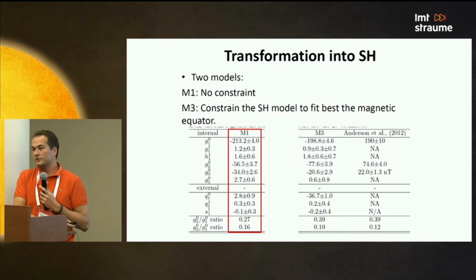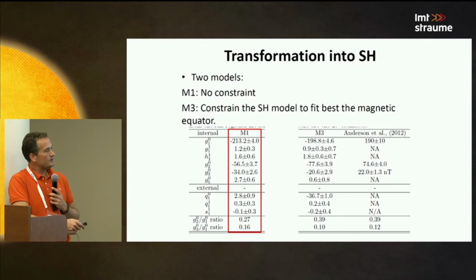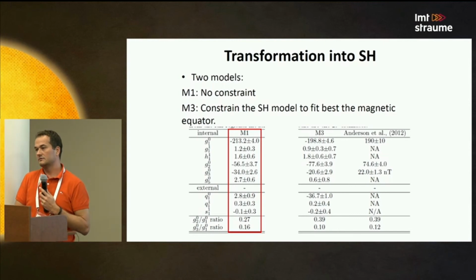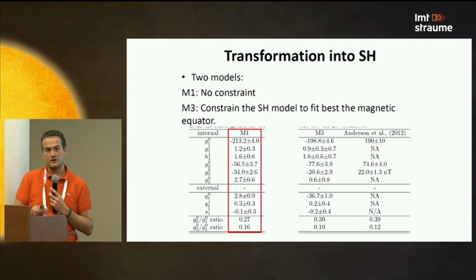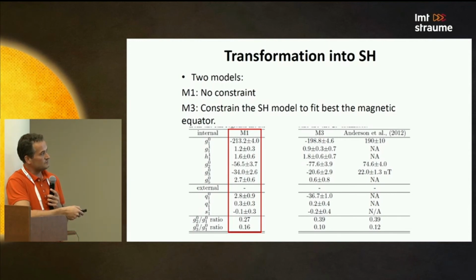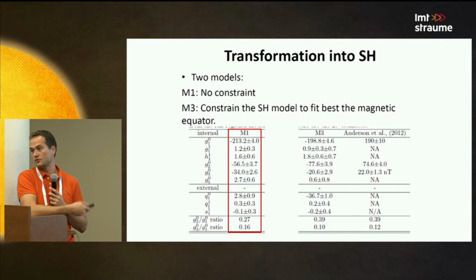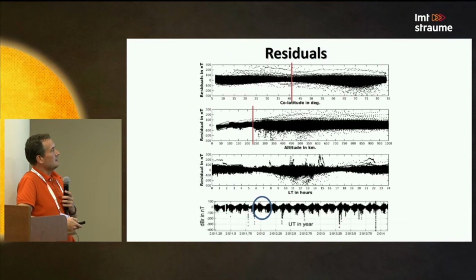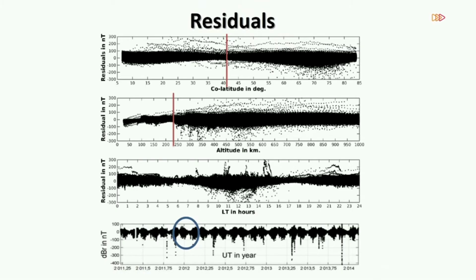these values, which are important for dynamo understanding, are probably constrained by the method that was applied to derive this offset dipole model. I'm not saying that this one is better, but in fact, this has no constraint in it. Of course, this is a quasi-static model, and I'm not going into the details because it's completely outside the current topic, but if you look at the residuals, you see that there is lots of signal remaining to be modeled in the MESSENGER data, in particular with local time here, and also with year.